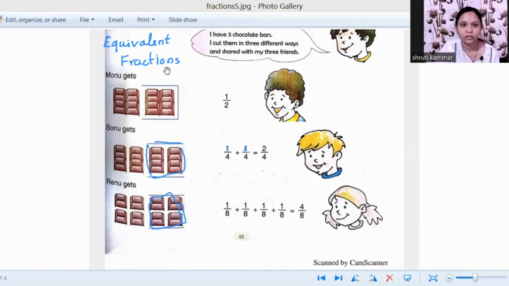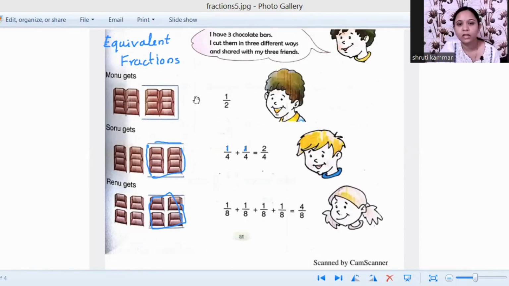Equivalent fractions. Fractions giving the same value of the fraction. So this boy is saying he has 3 chocolate bars. He cut them in 3 different ways and shared with 3 of his friends. First chocolate bar, he divided into 2 parts.